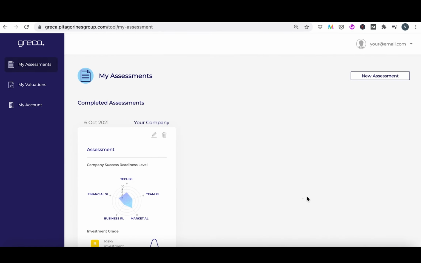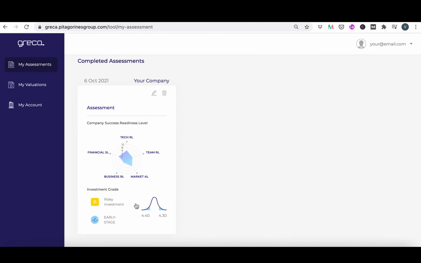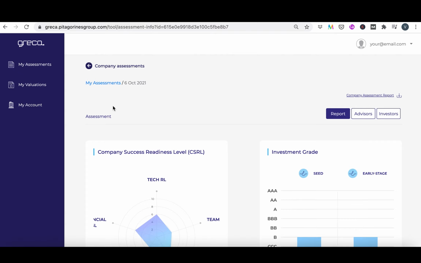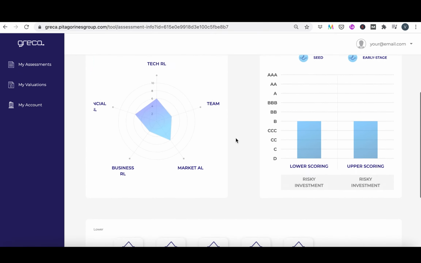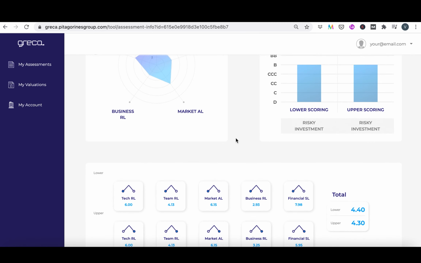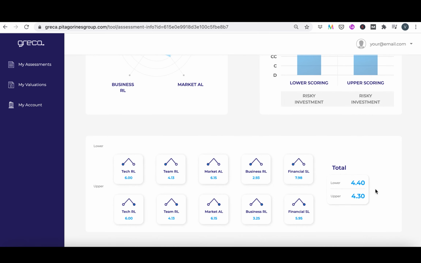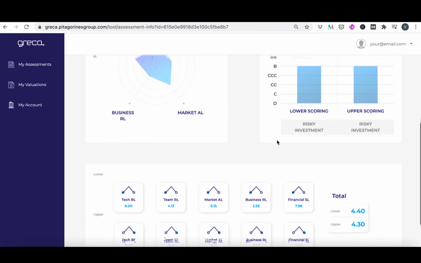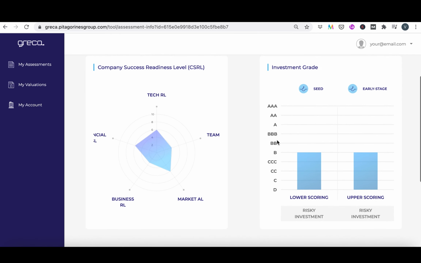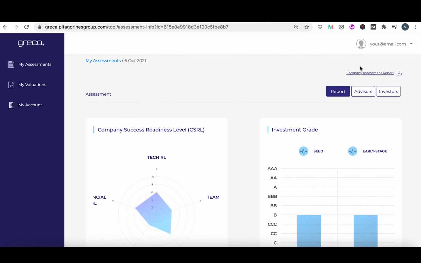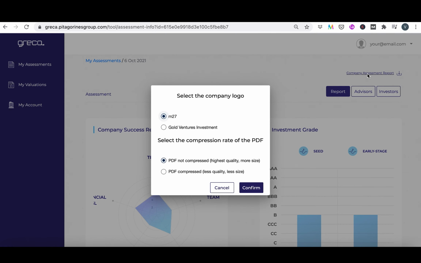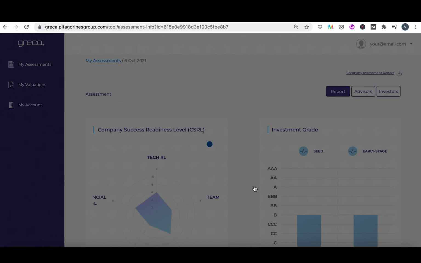The platform will then analyze the data provided and assign you an investment grade. If you click on your assessment, you will see a summary of all the information given to the platform, and you will also be able to download your assessment report, which will also analyze this information.